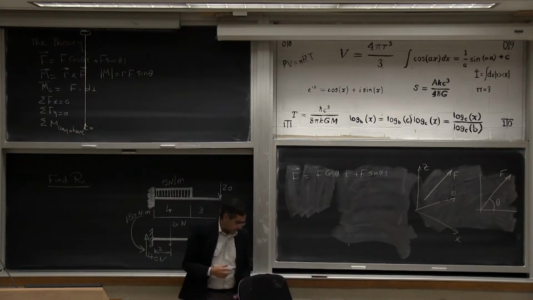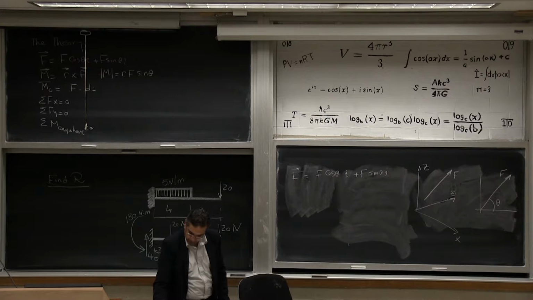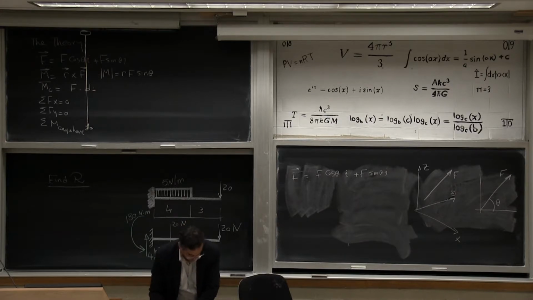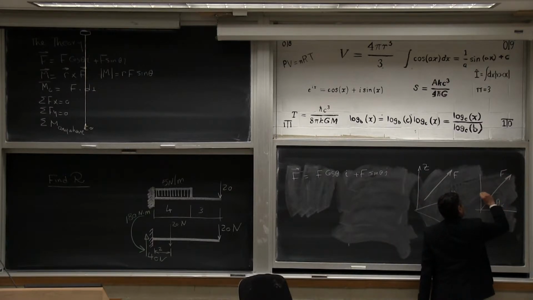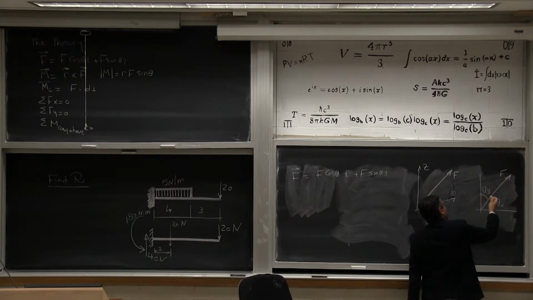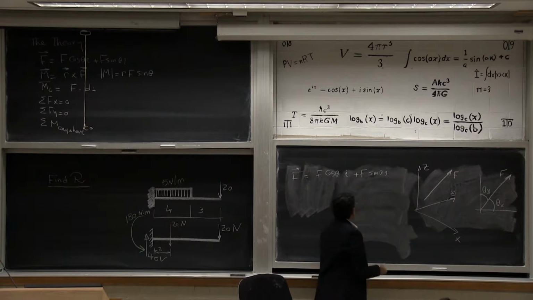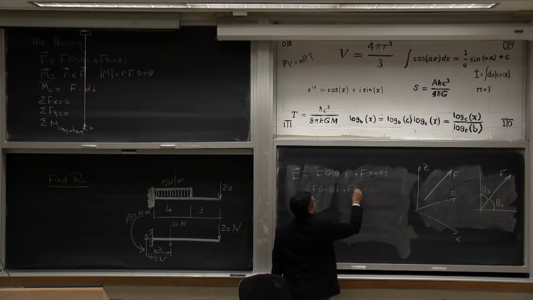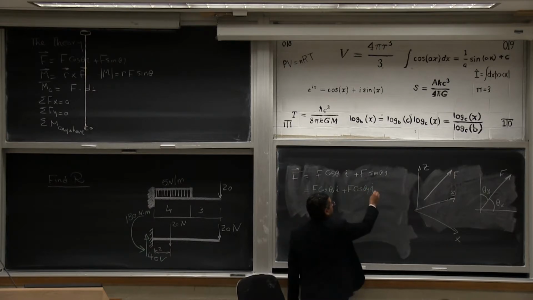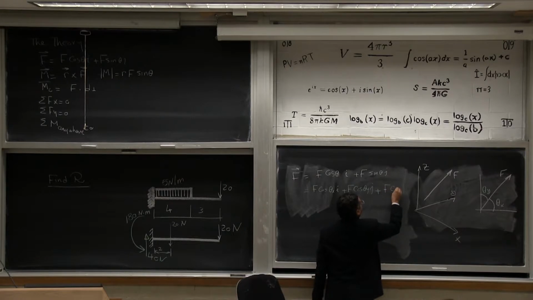I could also write this in a different format if I want to be a little bit accurate. I could call this theta x, and I could call this theta y, the angles that the force is making with the x and the y axes. And this would be F cos theta x i + F cos theta y j, and I guess you know it, plus F cos theta z k.